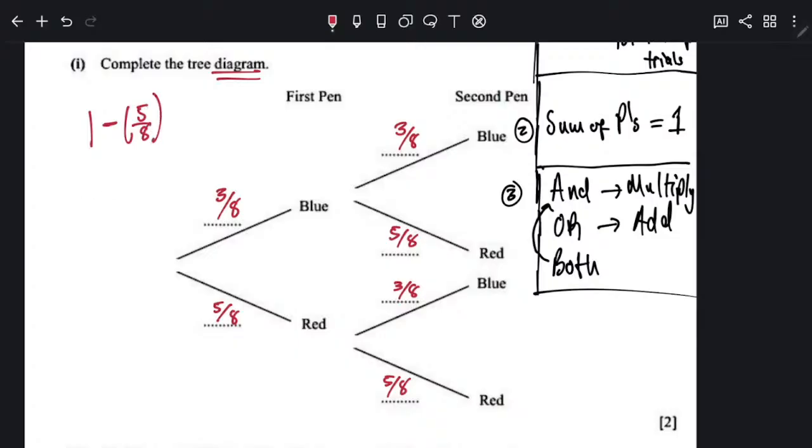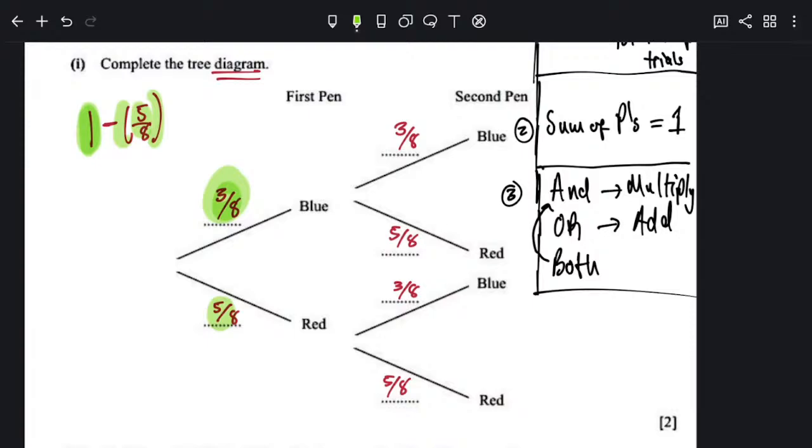They add to give you 1. This one and this one add to give you a big 1. So when you want this one, you say 1 minus this one. So 1 minus open bracket 5/8 close bracket. You should get 3/8. Right? Good.